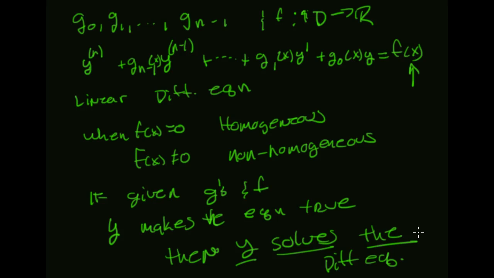Let's bring this to an example so we can understand what we're talking about. y double prime minus y equals 0 is a second order linear differential equation.